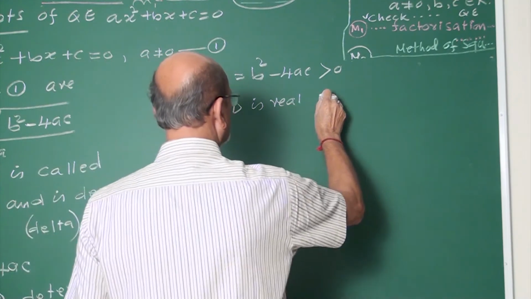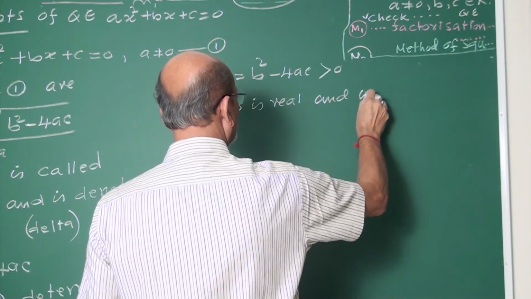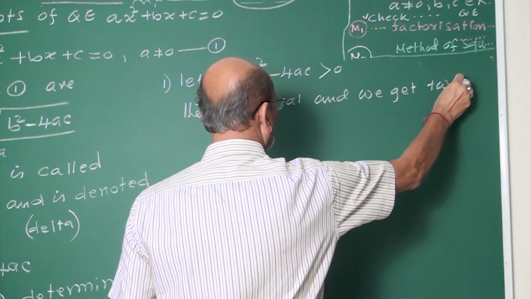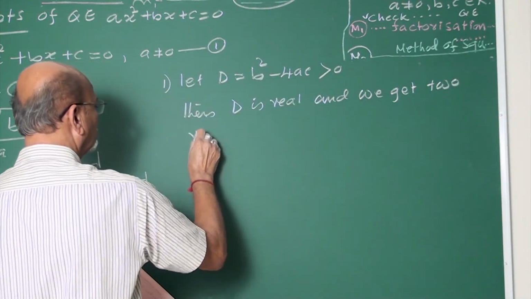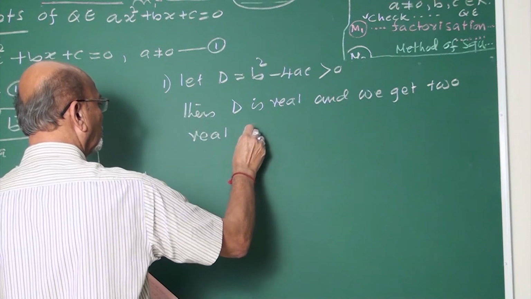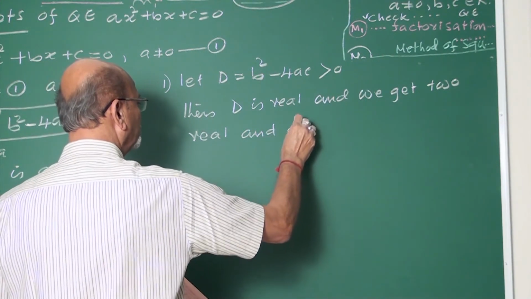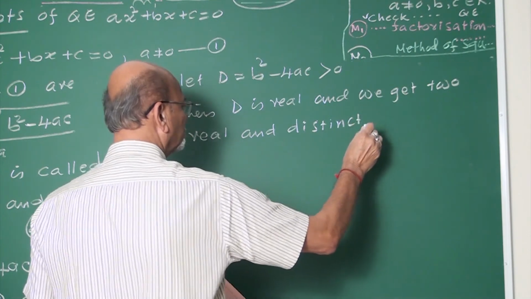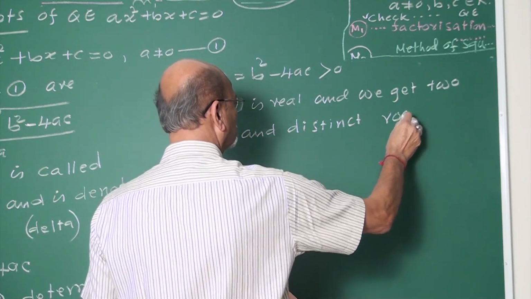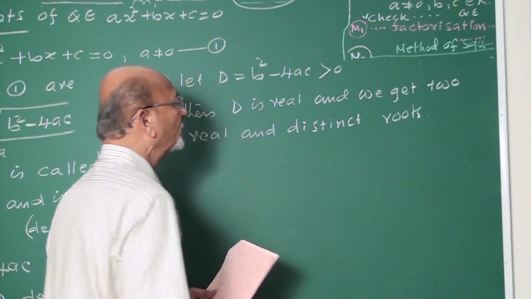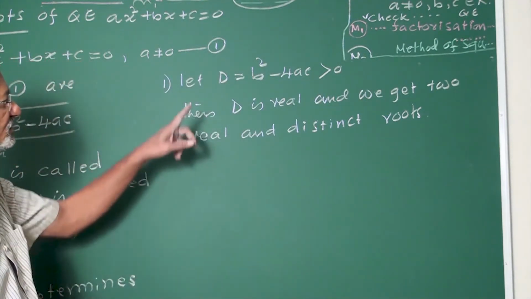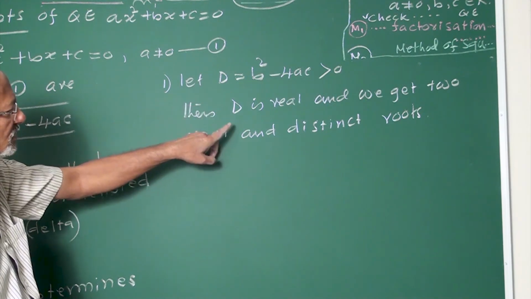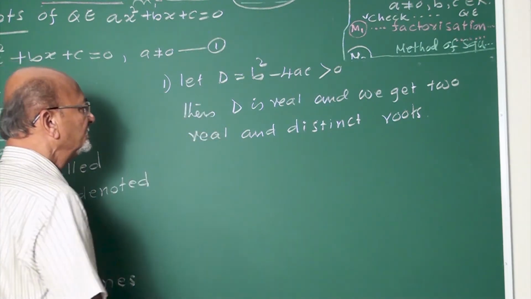And we get two real and distinct roots. Distinct means different roots. Yes, my friends, already we have seen in this case, if D equal to b square minus 4ac is positive, then root D is real.